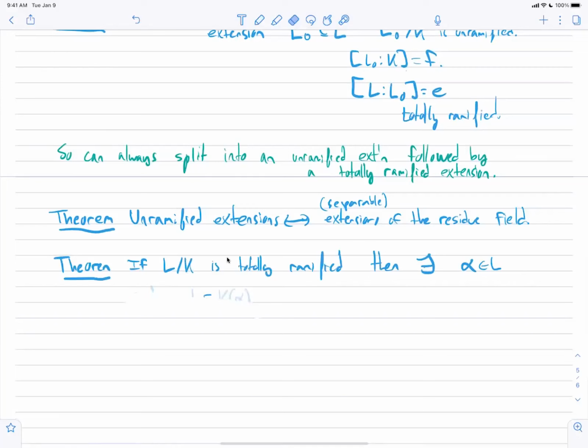Let me say it this way: then L is equal to K(pi) for any uniformizer pi. That just means a generator of the maximal ideal, i.e. something of largest absolute value less than 1.